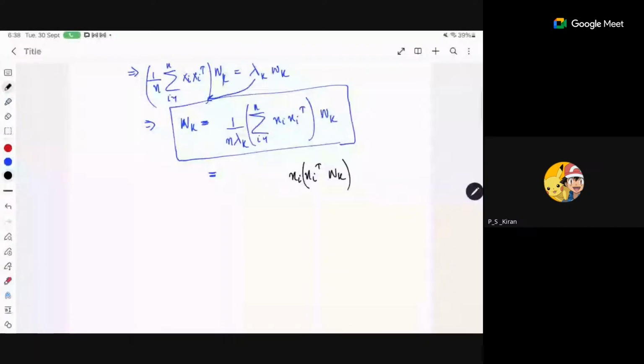But now this is going to be just some scalar. So if this is just a scalar, I can write this as xi transpose wk times xi. So we will make this change and write wk as 1 upon n lambda k, sum where i is varying from 1 to n.